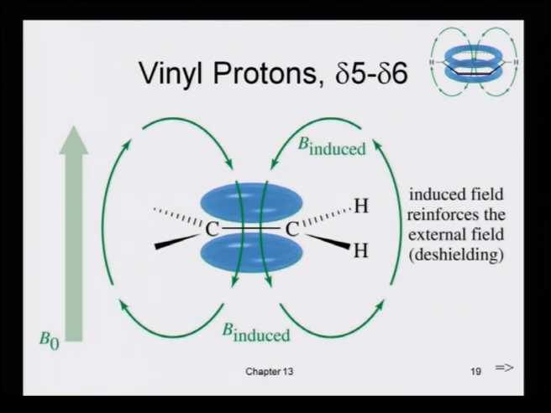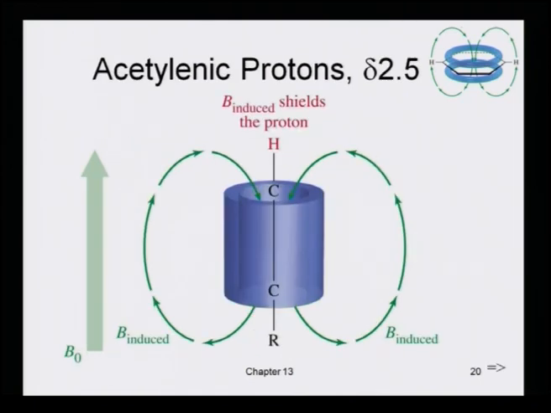Similarly, vinyl protons also show delta value between 5 to 6. Again, they create an induced field which reinforces the external field, and therefore, they are deshielded to such an extent that it goes up to 5 to 6 ppm or delta value.